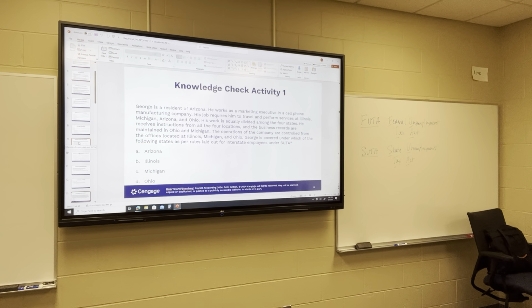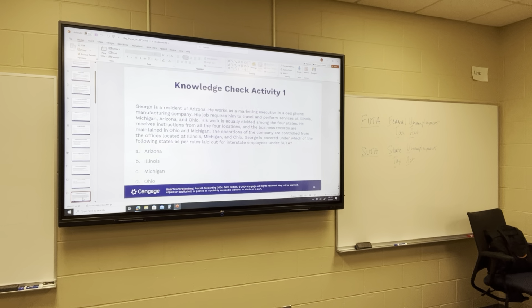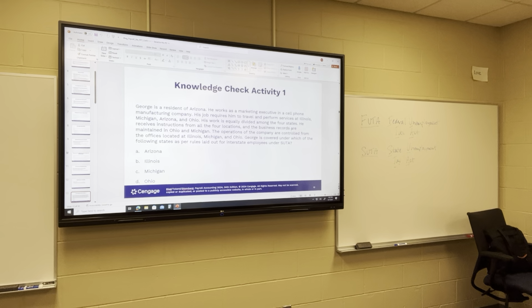Okay, so let's go look back at this too. He receives instructions from all 4 locations. So the location of the place from which the operations are directed or controlled really wouldn't apply because it's all 4 equally. And the operations of the company are controlled from the offices located at Illinois, Michigan, and Ohio. Business records are maintained in Ohio and Michigan.